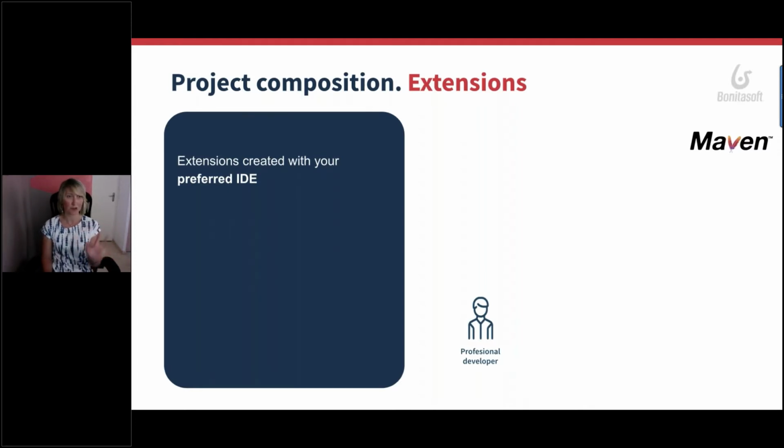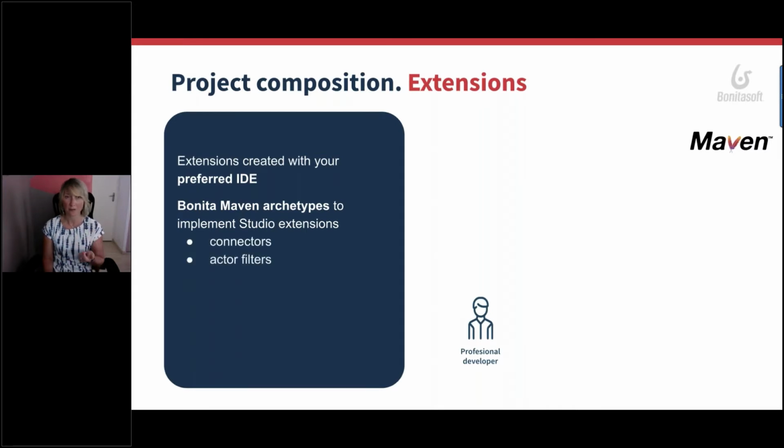It's your choice. But then we already offer Bonita Maven archetypes to help you by providing templates to implement those studio extensions. We provide them for connectors, actor filters, themes, and REST API extensions. They are available in our official Maven Central repository.